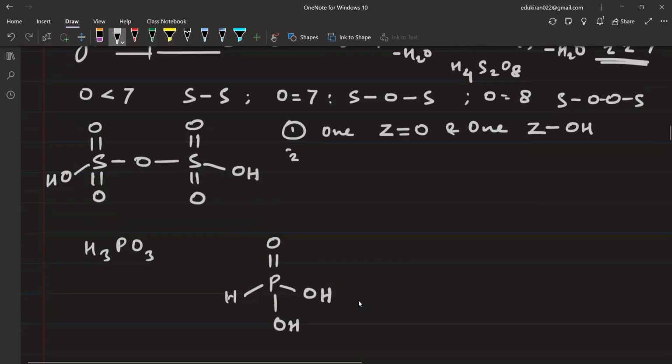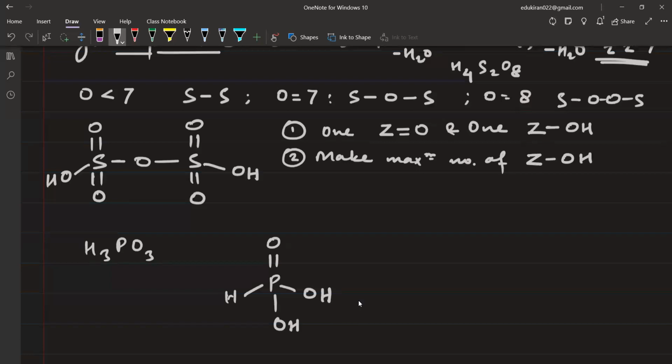Now make maximum number of ZOH. अगर आप बना सकते हैं, if you have oxygen and hydrogen both remaining, तो जितना भी आपको हो सकता है उतना OH bond बना लीजिए आप. If not, then तीसरा क्या करना है? अगर आपके पास कुछ नहीं बचा, then what you have to do?